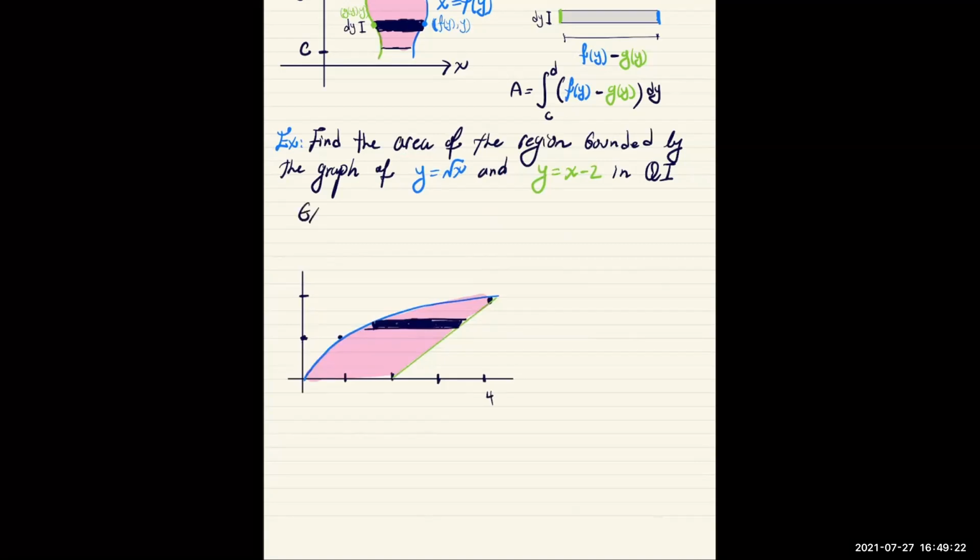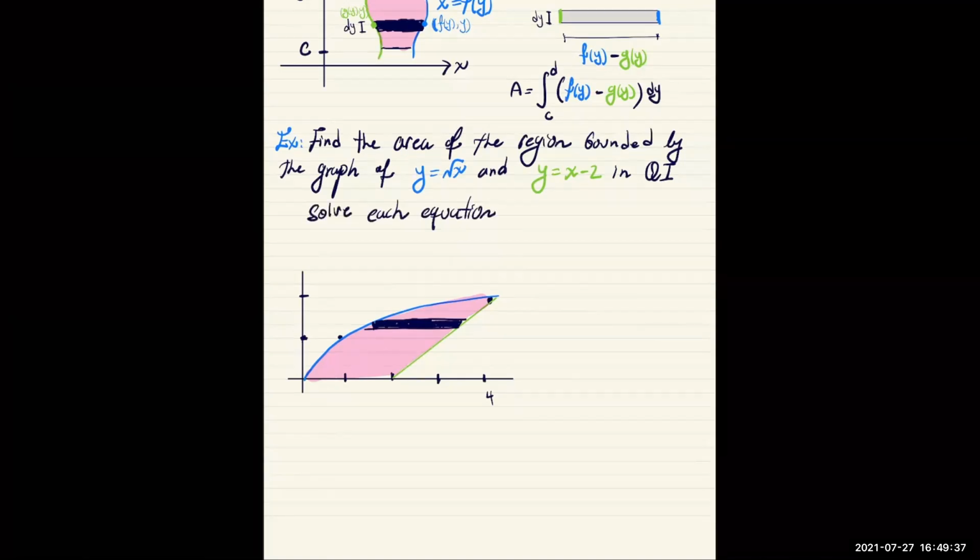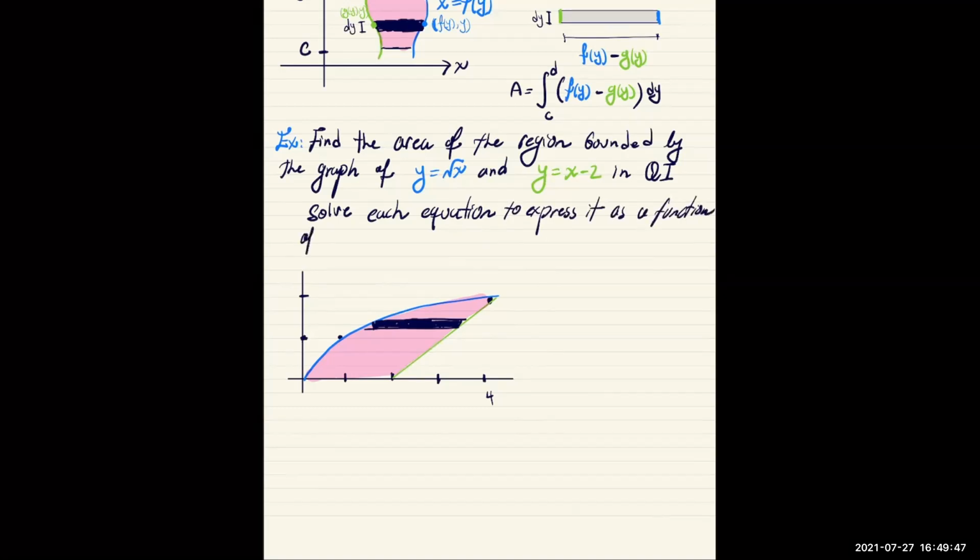Okay, so solve each equation for x to express it as a function of y. It's really straightforward to do that.